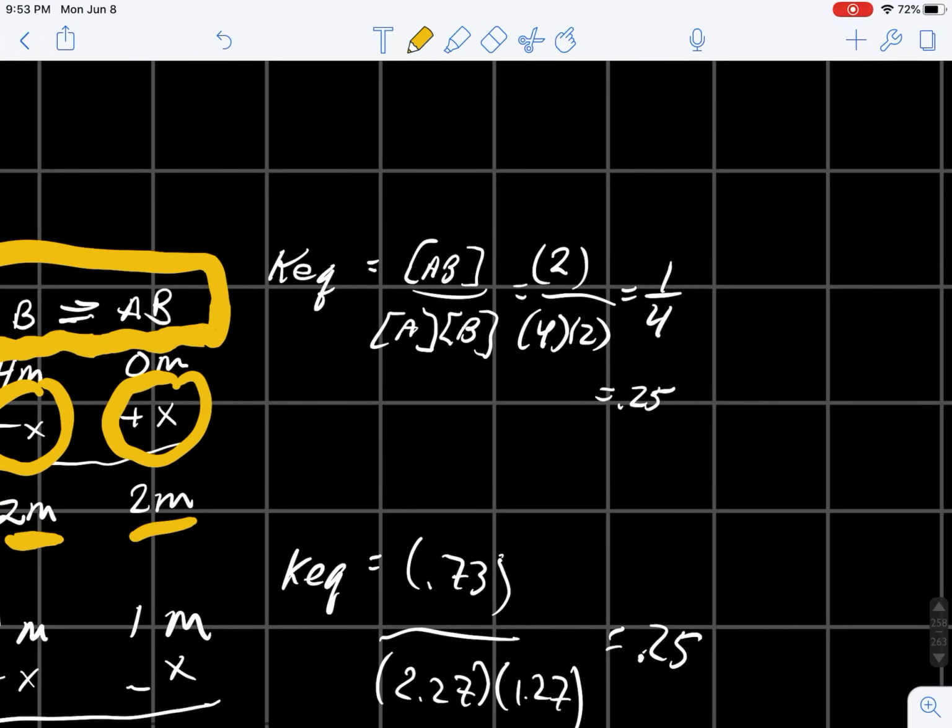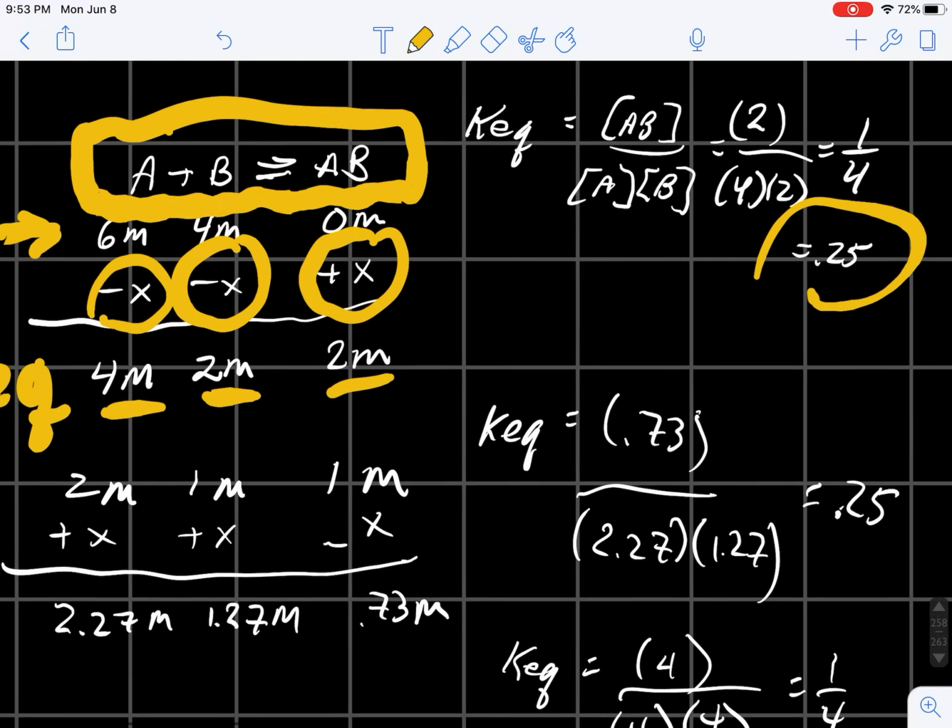KEQ equals AB over A times B. So now I substitute in the numbers I got: 2 molar for my product, 4 molar for A, 2 molar for B, and I get 2 over 4 times 2, and that comes out to be 1/4, which is a value of 0.25. So I get 0.25 for my KEQ. Now that's always going to be what this particular reaction yields. The position of the equilibria, however, the numbers that make it up, could vary.